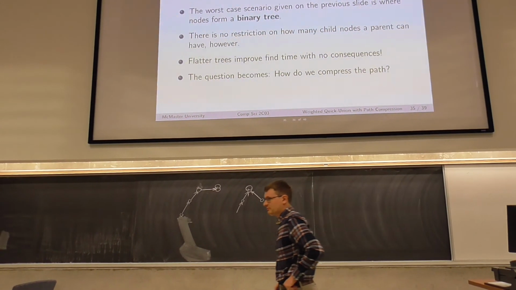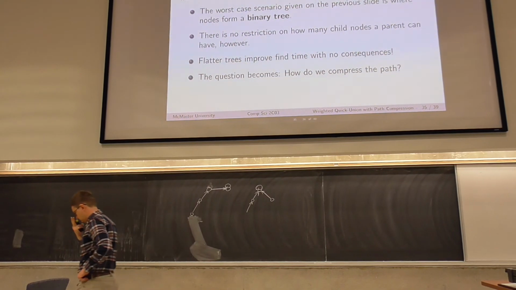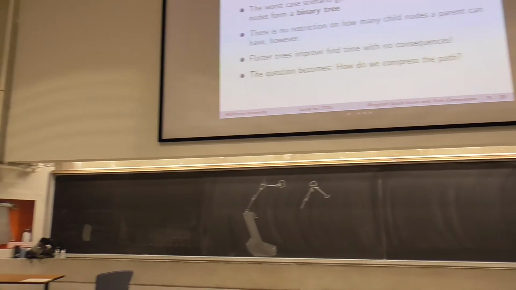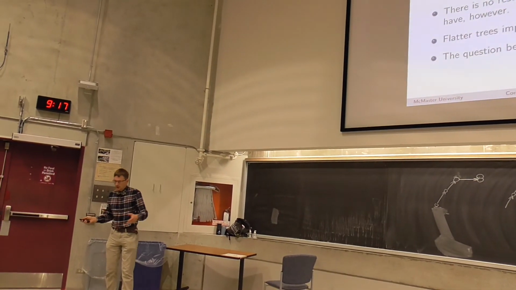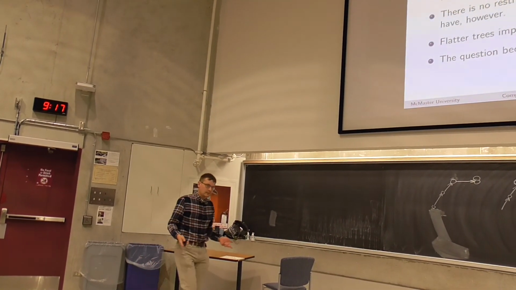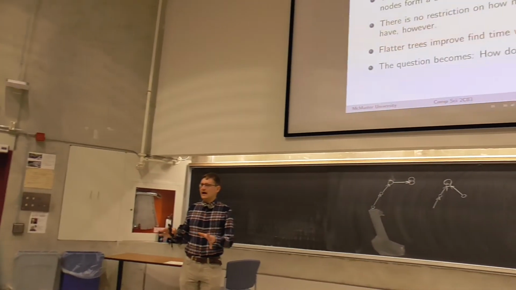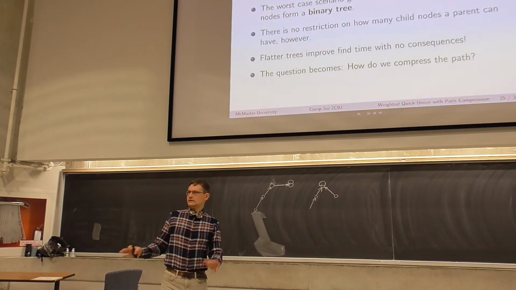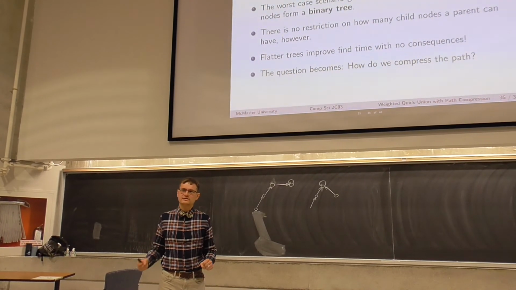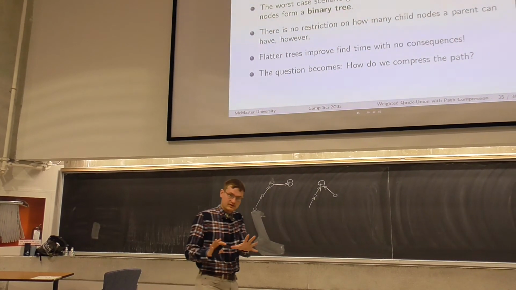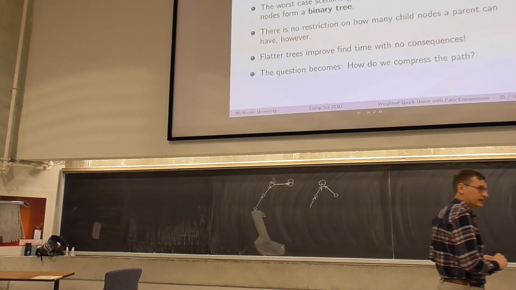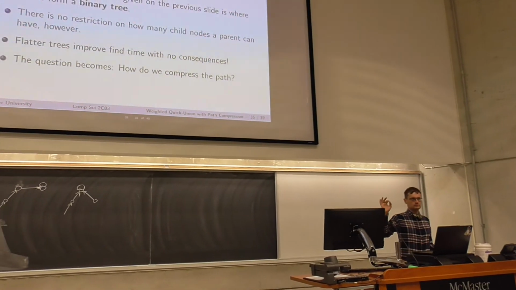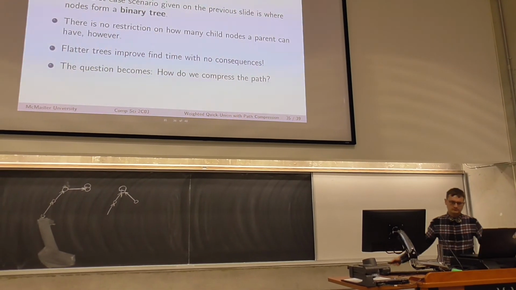Weighted quick union with path compression. We've got this situation where the worst case scenario is now a binary tree. Let's see if we can do something about that worst case scenario, and maybe we can get an even better algorithm.